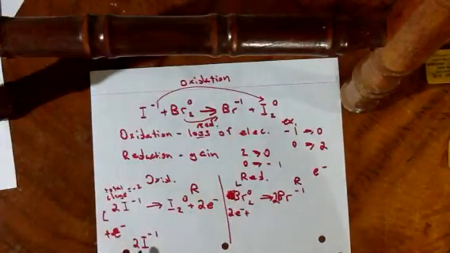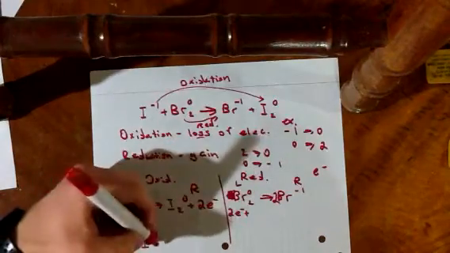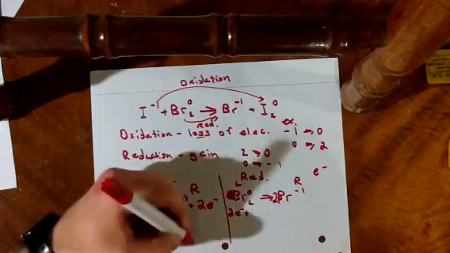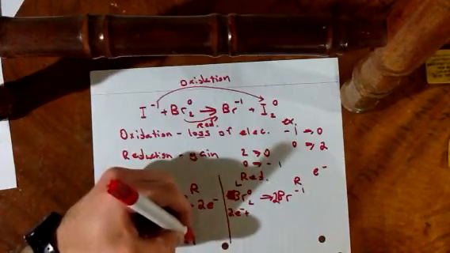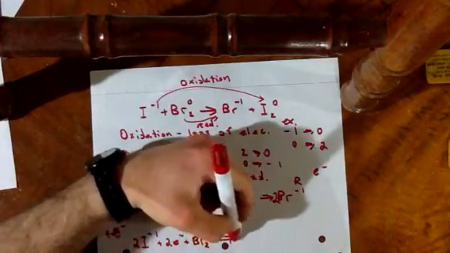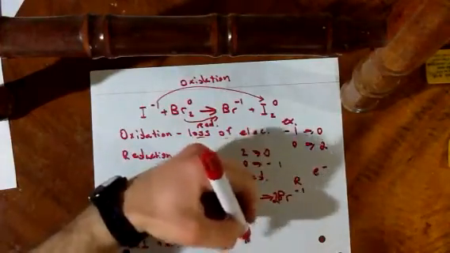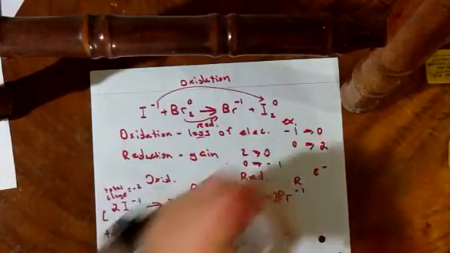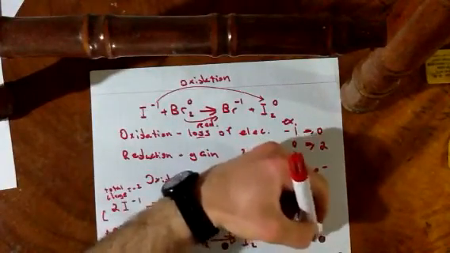So you have 2 iodide ions plus 2 electrons from this side plus 1 bromine yields 1 iodine plus 2 electrons plus 2 bromide ions.